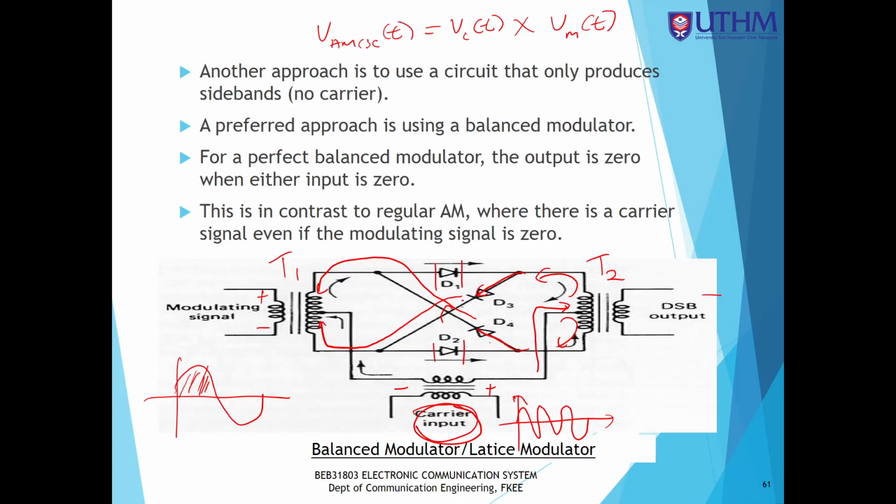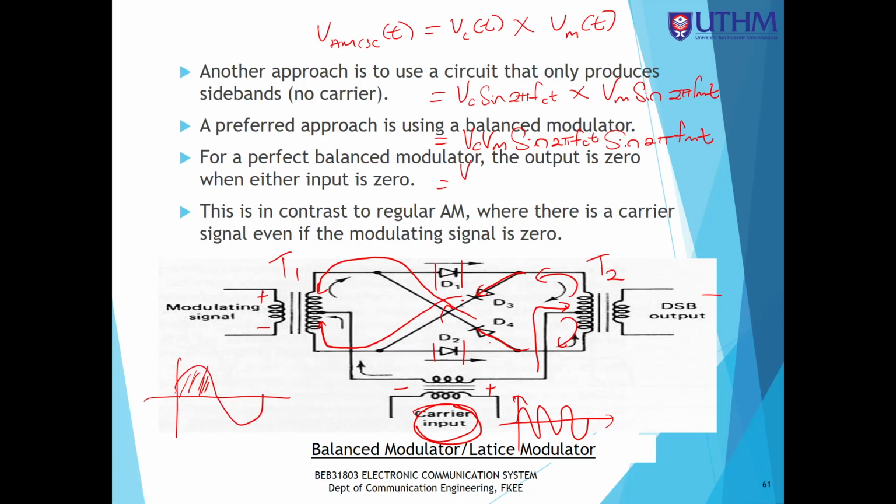If I do this, it is Vc sine 2 pi fc t multiplied with Vm sine 2 pi fm t. So we will produce VcVm sine 2 pi fc t sine 2 pi fm t.